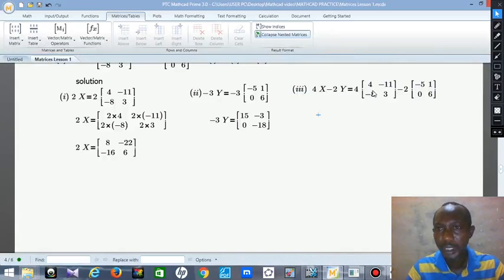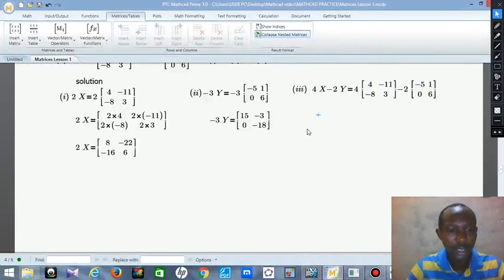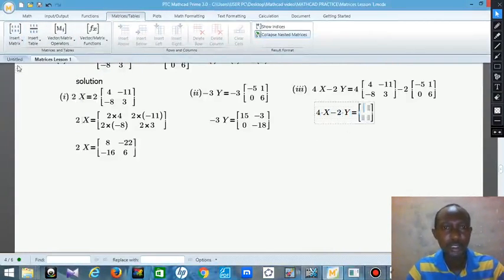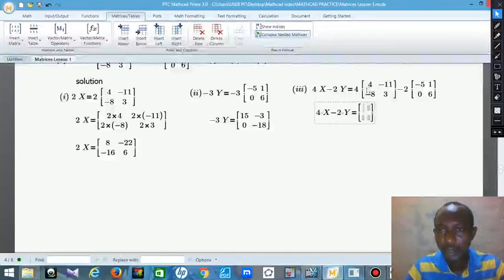We open the bracket first, do the scalar multiplication before you subtract the matrix, which is 4x minus 2y. It will now be equal to, so when you multiply 4 with the matrix x, which is 4 times 4, is going to give us 16.